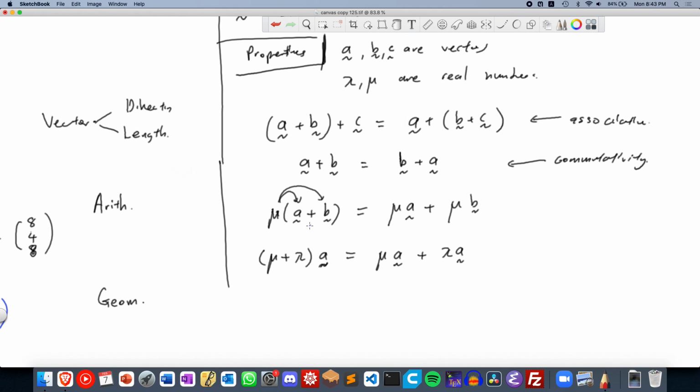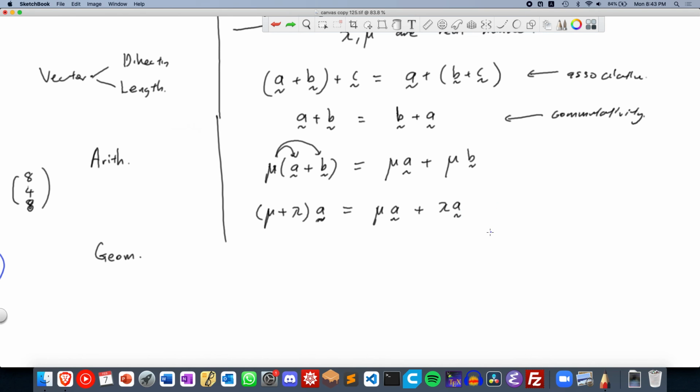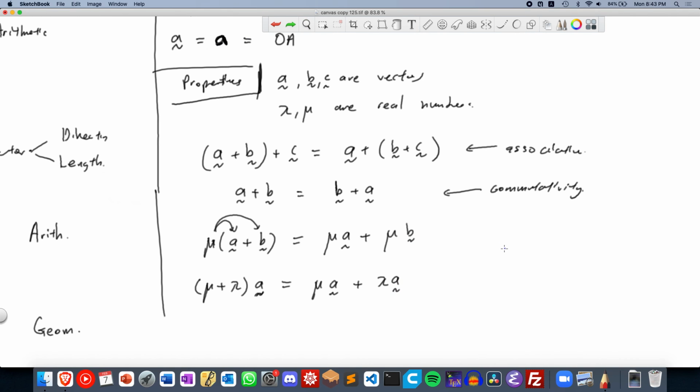When you add vector A and vector B, you get a vector, and on the left hand side we get a vector first, then we scale it up. But on the right hand side, we scale up each individual vector, and then we add up the two vectors. This is a vector, this is a vector, then we add the two vectors up, and we get a vector. This entire thing is a vector. Okay, so that's briefly some properties of vector addition. Both of these are known as distributive property.